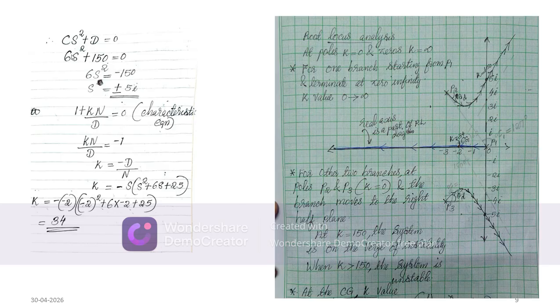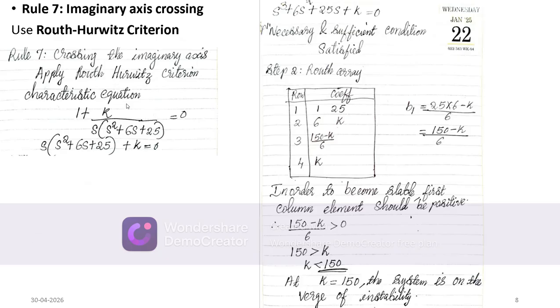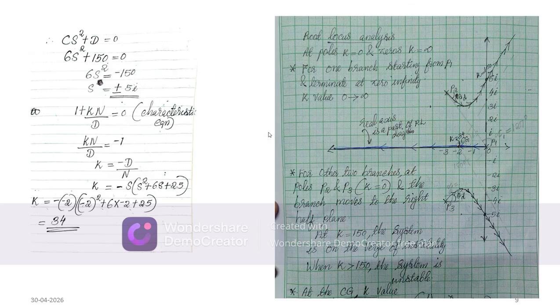So next, in order to find where the root locus line crosses the imaginary axis, consider the nth row and write the equation as cs square plus d equal to 0. So here it will be cs square plus k, where we are getting 150. So substitute and find the s value.